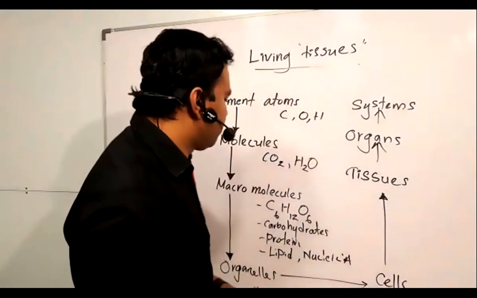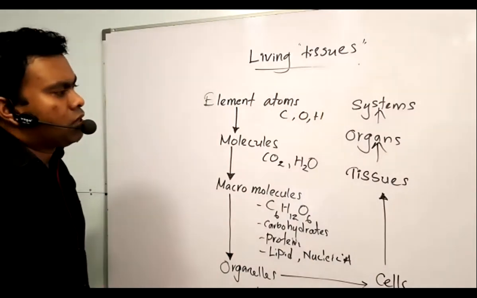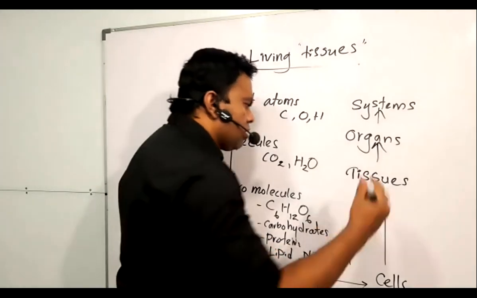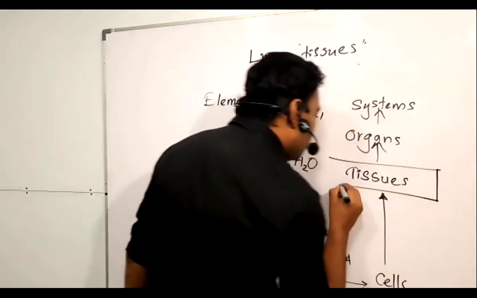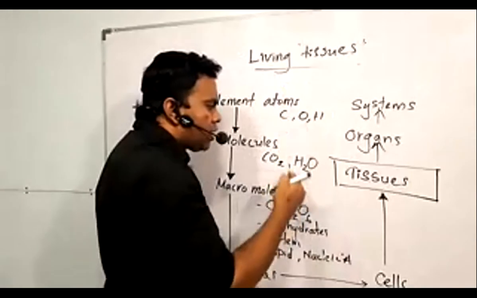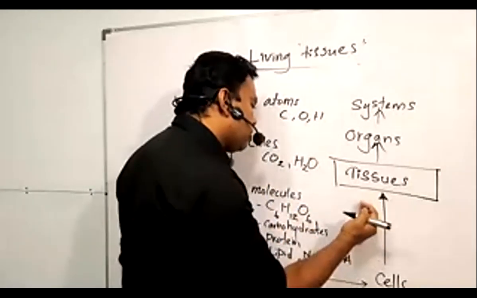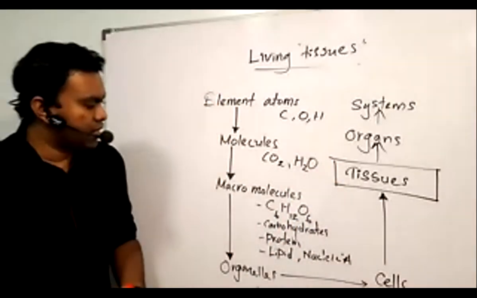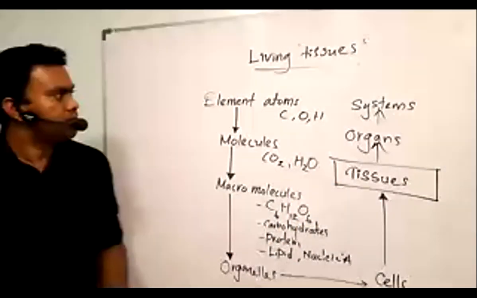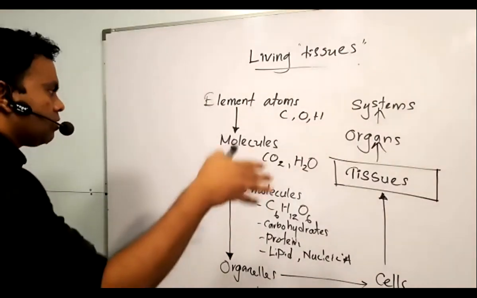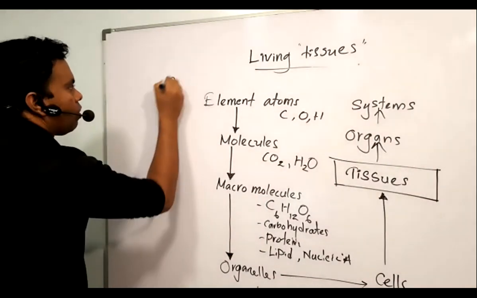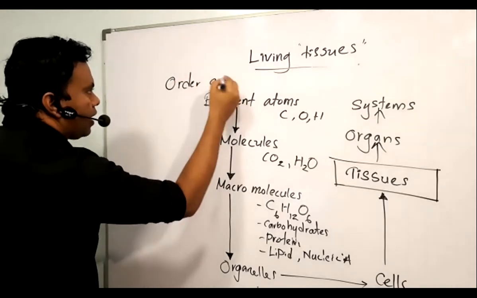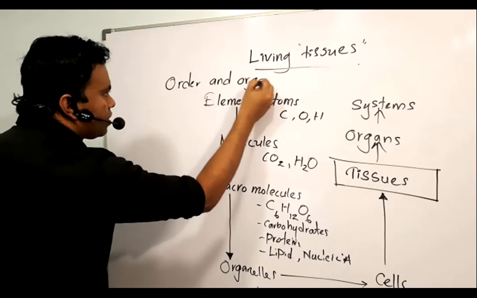Now look at this. This is tissues. So this is our lesson. This is the position of tissues in the order and organization of the body. Quickly take down a screenshot. Okay, print screen. So this is order and organization.